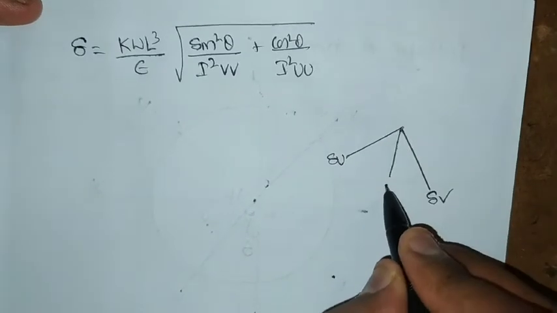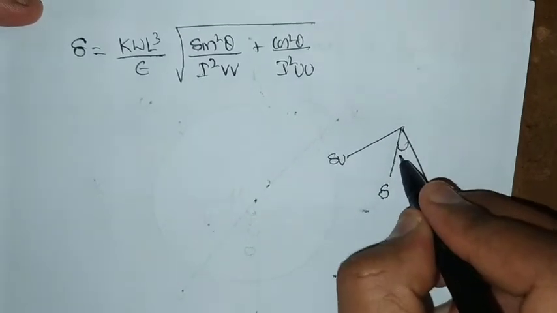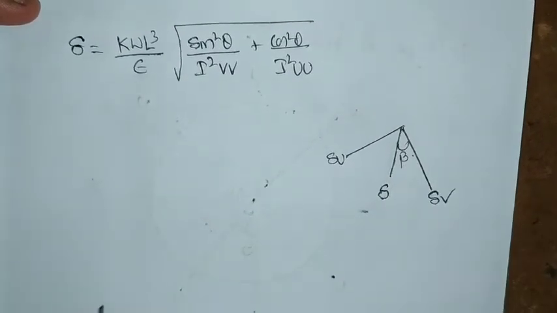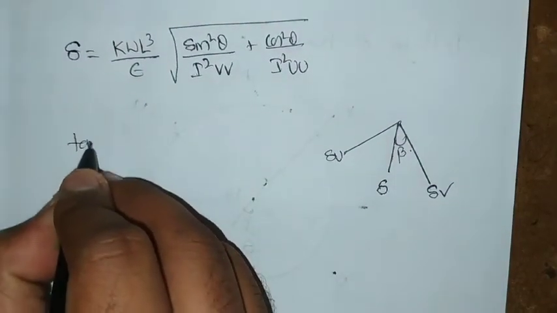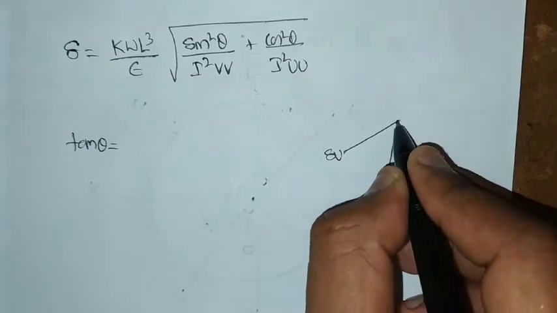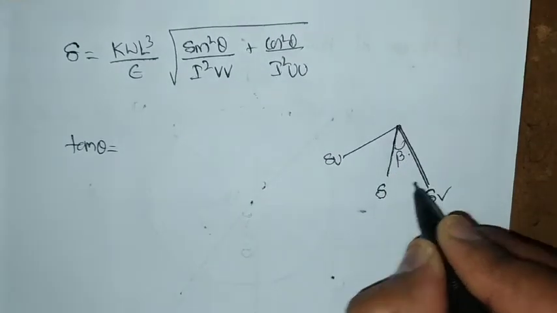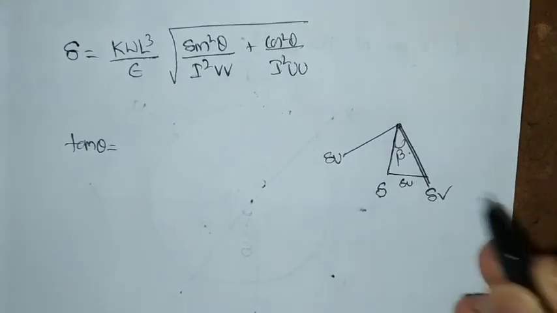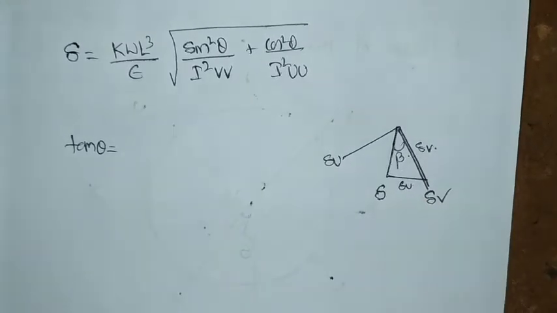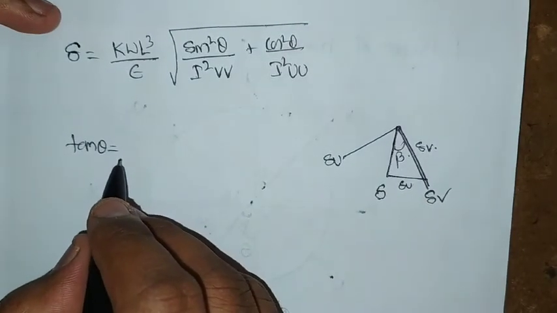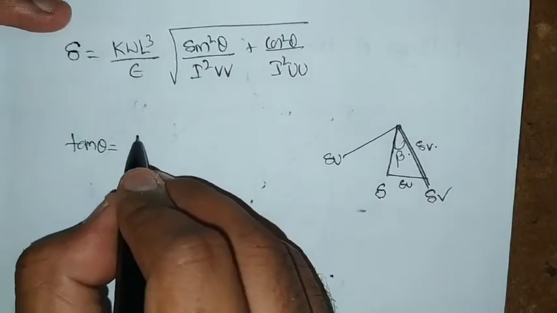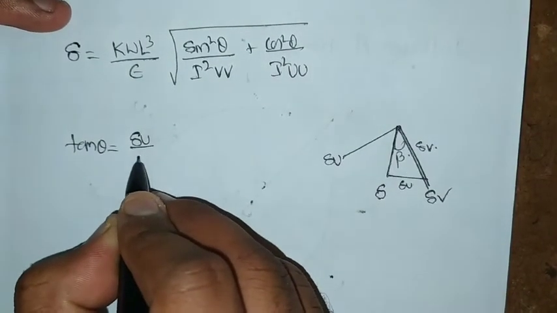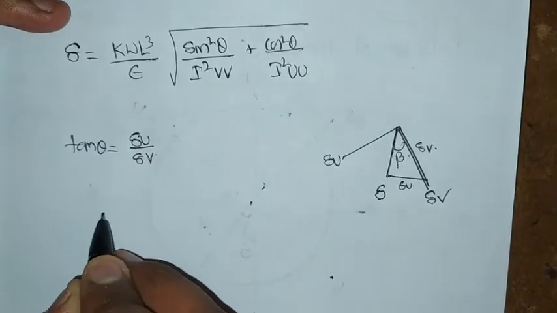In between this, the resultant delta it is going to come up, at an angle beta. So from this triangle, if I consider the value of tan beta, here you consider delta U, here it is delta V. Tan beta is equal to opposite by adjacent. Opposite is delta U and adjacent is delta V.